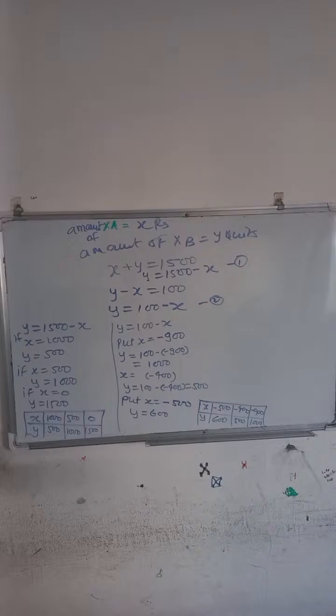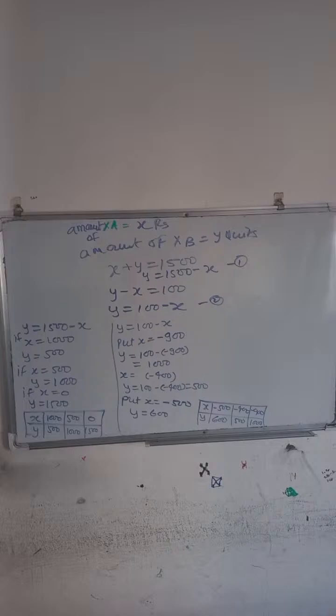Solve graphically the pair of linear equations 3x minus 4y plus 3 is equal to 0, and 3x plus 4y minus 21 is equal to 0.